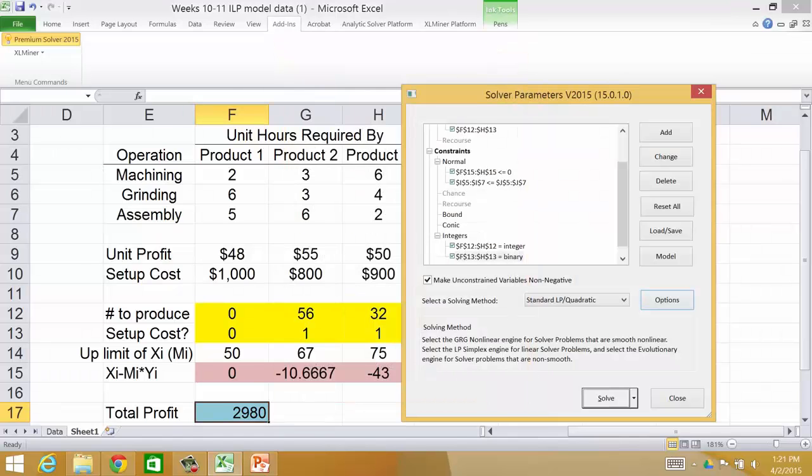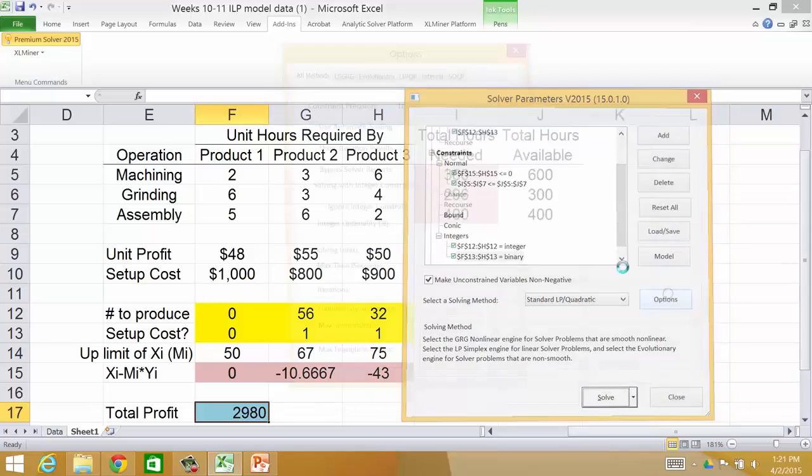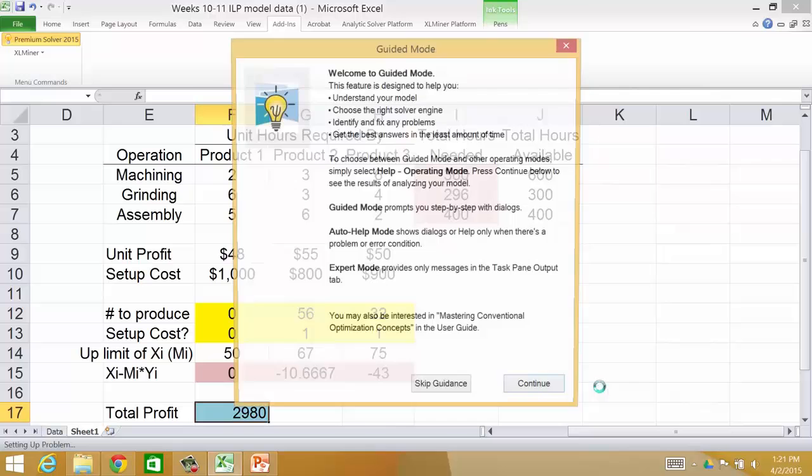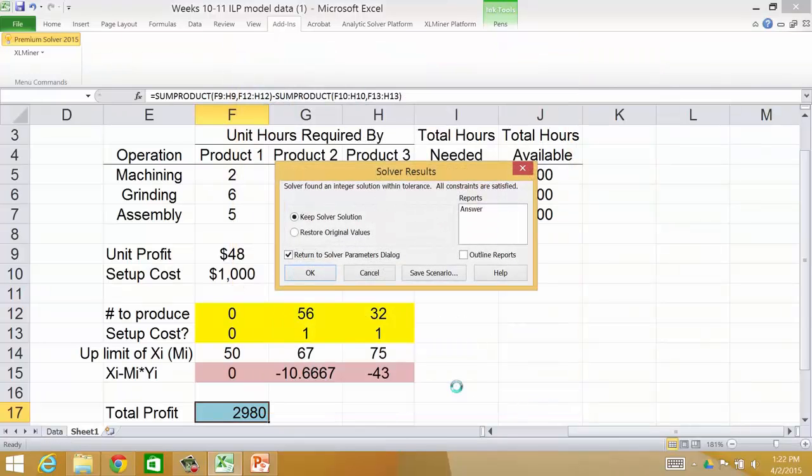That would be the same for everyone. Let me just change this again. If we have, say, 0.05 here and solve again, you see that the solver message will change. Solver found the integer solution within tolerance, and this tolerance is the 5% deviation that we talked about.